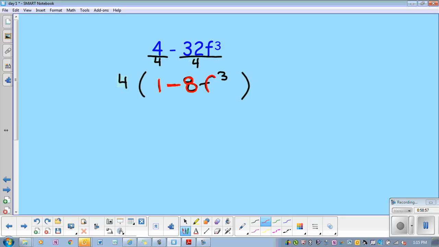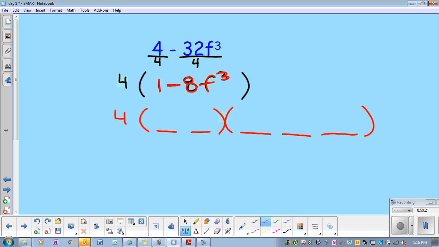And f cubed is a perfect cube. So that's why you know that this is not DOTS. It's got to be SOAP. So everything is a perfect cube, and you have a binomial. Then that's SOAP, the sum or difference of cubes.